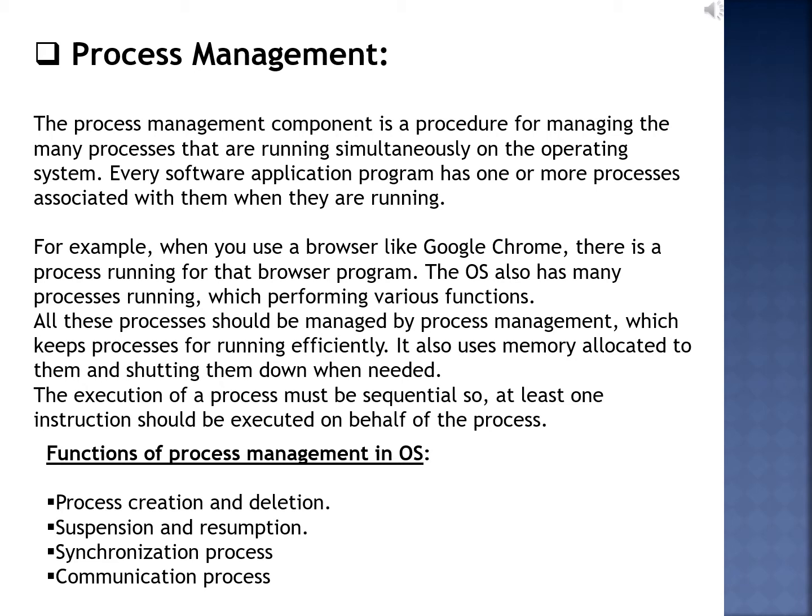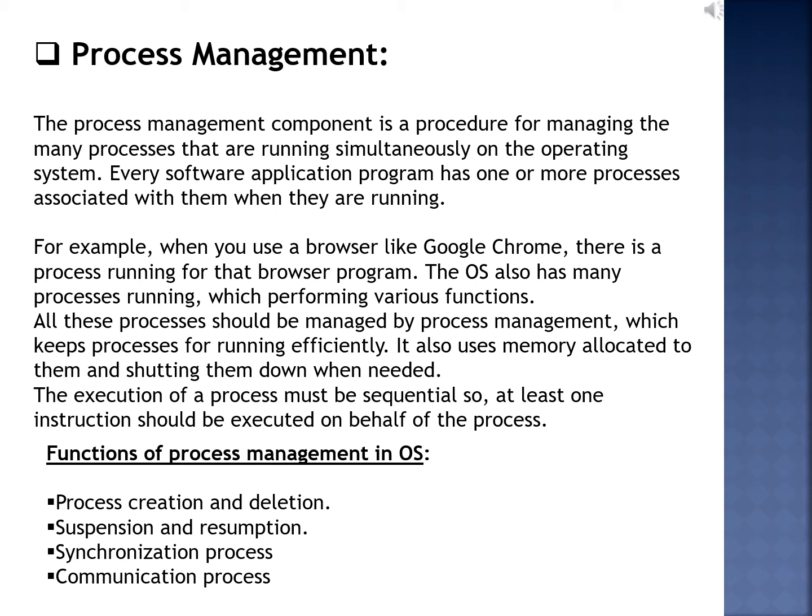In addition to the various physical and logical resources that a process obtains when it is created, some initialization data, like input, may be passed along. For example, a process whose function is to display on the screen of a terminal the status of a file, say F1, will get as an input the name of the file F1 and execute the appropriate program to obtain the desired information.